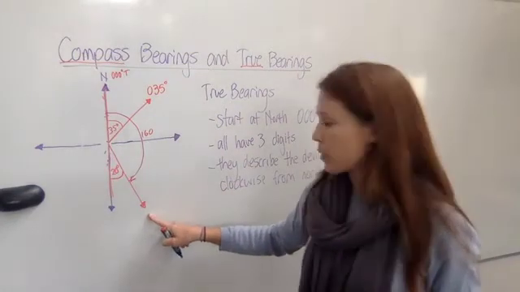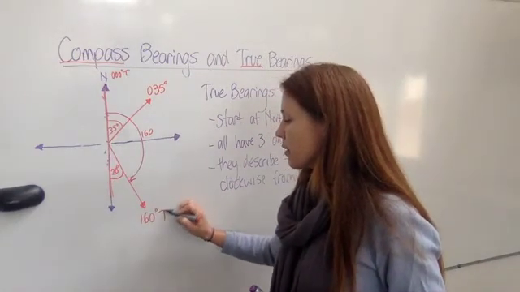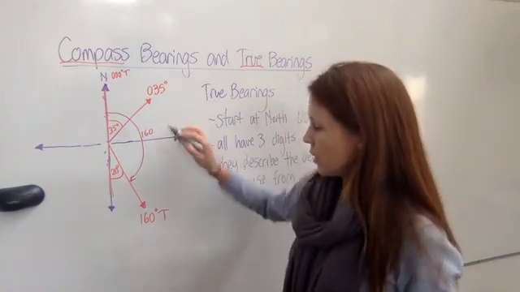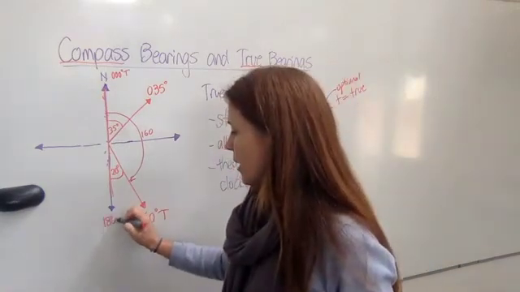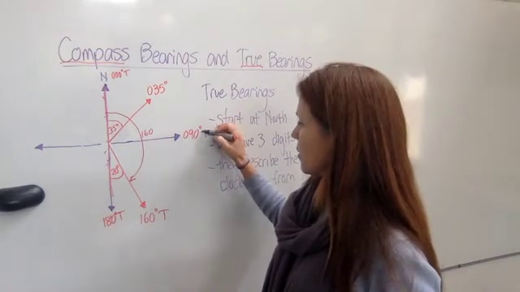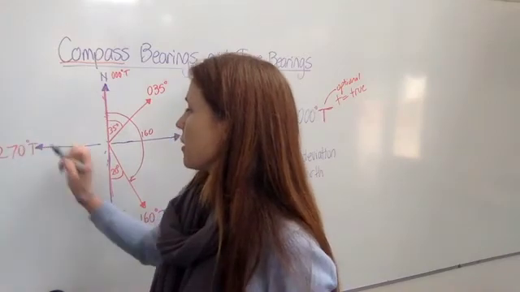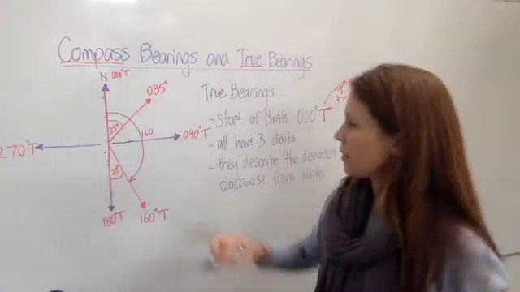So this bearing would be called 160 degrees T. Due south will be 180 degrees T. Obviously we've got 090 over here at east, and 270 degrees T over here at west.